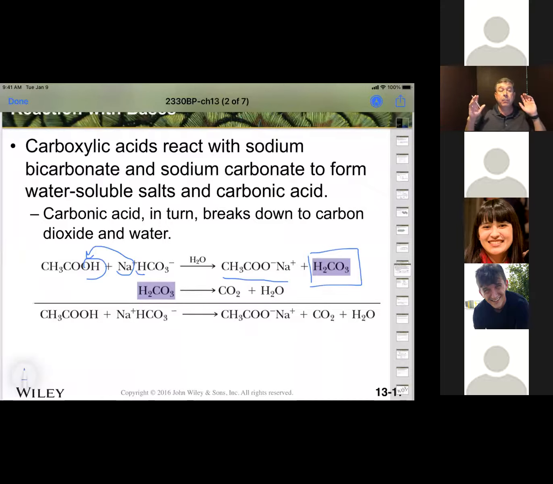We've taken our bicarbonate and turned it into carbonic acid, which itself is an acid similar to the carboxylic acid. It's like a dicarboxylic acid.